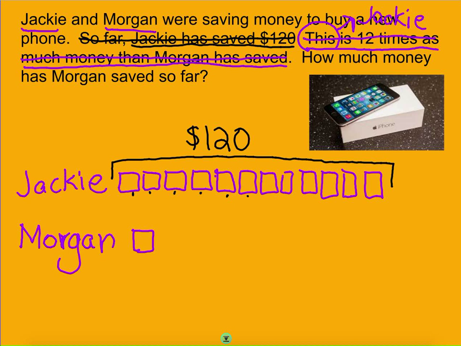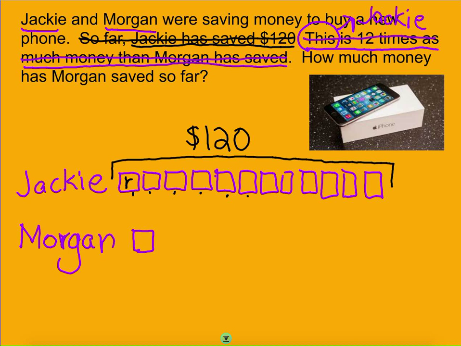So now that there's a whole bunch of empty boxes, we're going to use a variable. Remember, a variable is a letter that stands for the unknown. Okay? And I'm going to use the letter R. So what I'm going to do is give every box the value of R. Now we don't know what R is, but we're just going to use a variable to help us get there.